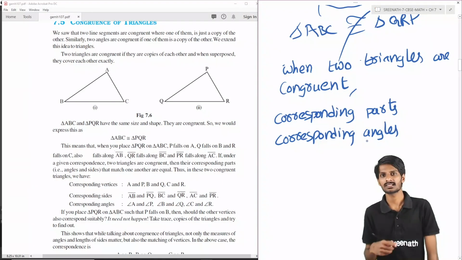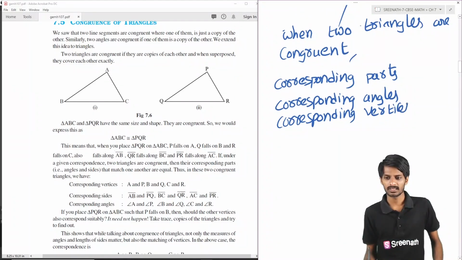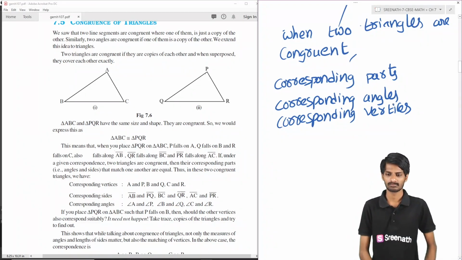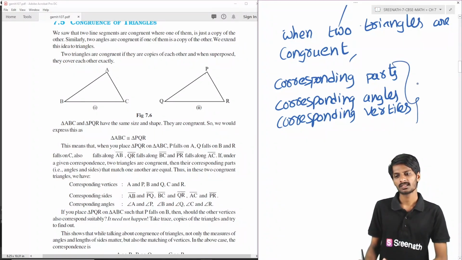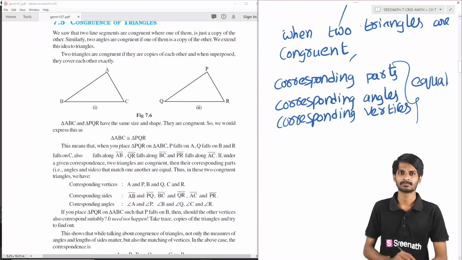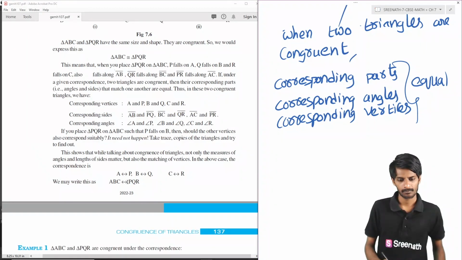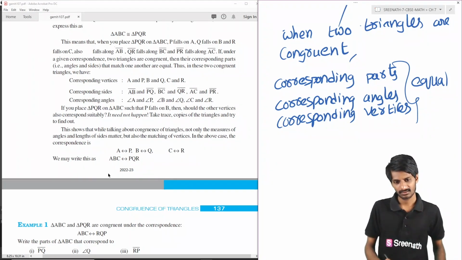So corresponding sides are the same, corresponding angles are the same, corresponding vertices are also the same. This is the situation. Okay, students, all these are equal, all these are the same. This is the case when two triangles are congruent, students. Which means A correctly corresponds to P, B to Q, C to R, like that.